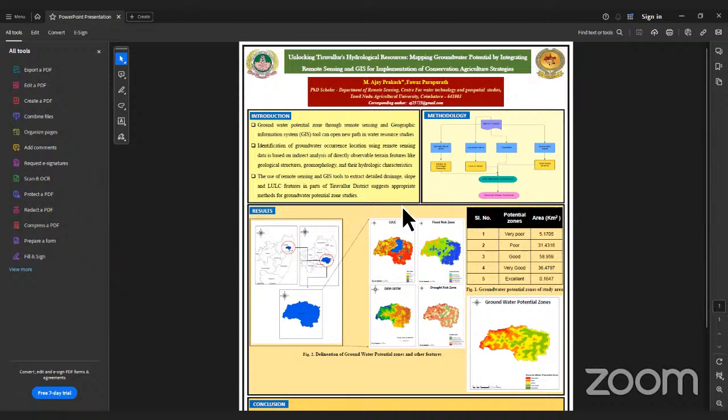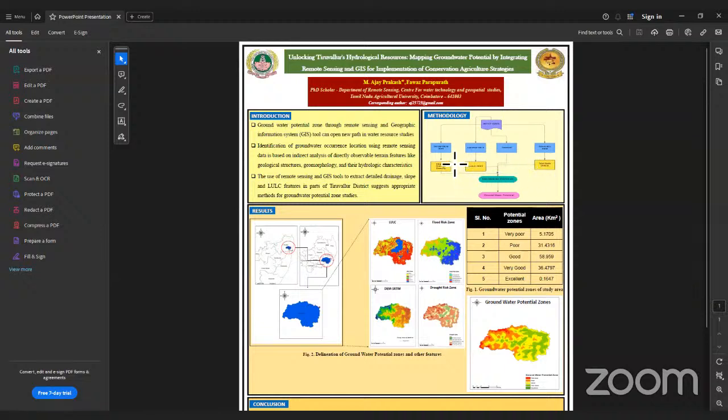In Tiruvallur, let me show. So in Tiruvallur, we generated the groundwater potential. For generating the groundwater potential, I took different types of data. Firstly, I took the digital elevation model, Landsat 8 and 9, rainfall data and soil data.